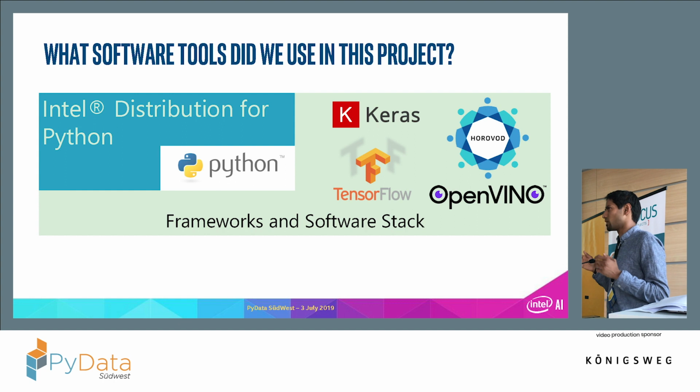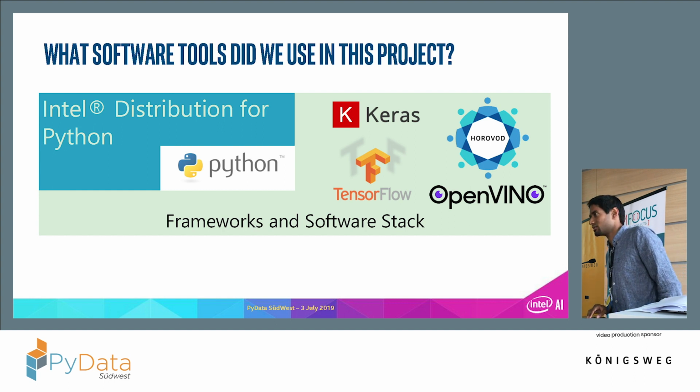You might be surprised why a car company would be involved in AI, but yeah, they developed Horovod. Horovod is a technology that allows you to split this heavy, compute-intensive training process onto multiple machines. This is called distributed training. This is what I do in order to make this training process faster. And then with OpenVINO, I did inferencing faster. So these are the various tools involved.